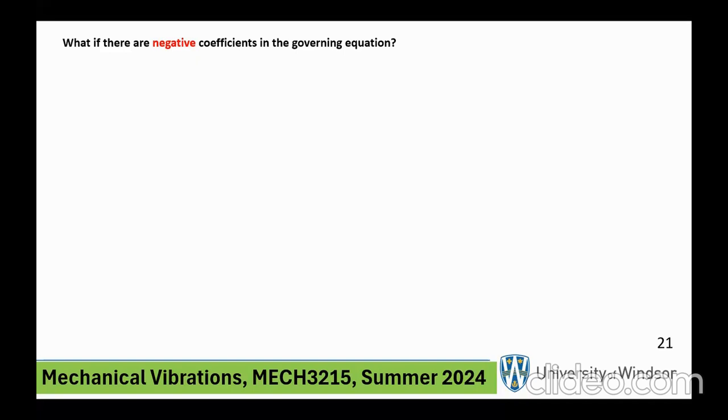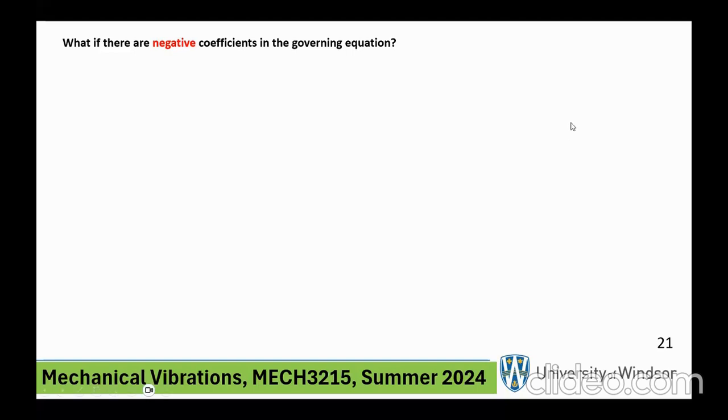So we got an m effective x double dot plus c effective x dot plus k effective x. And those things we don't know. And we saw one case where something there could become zero or even negative.